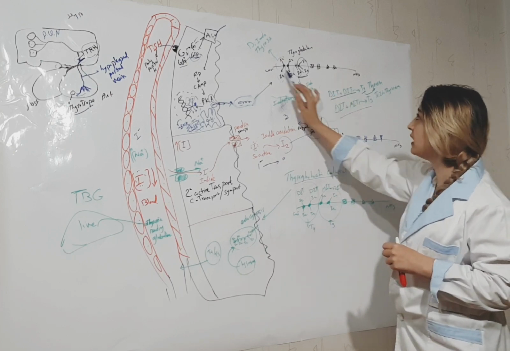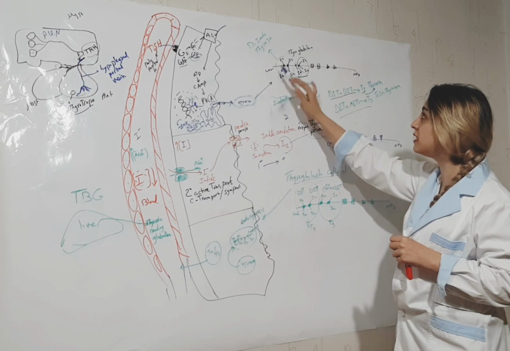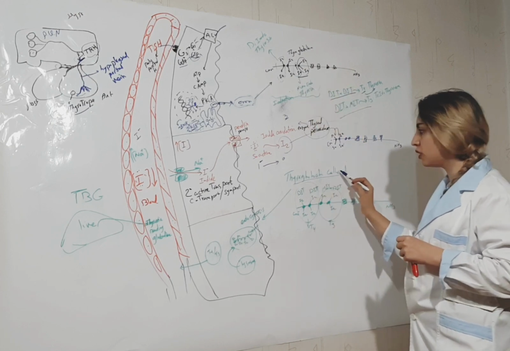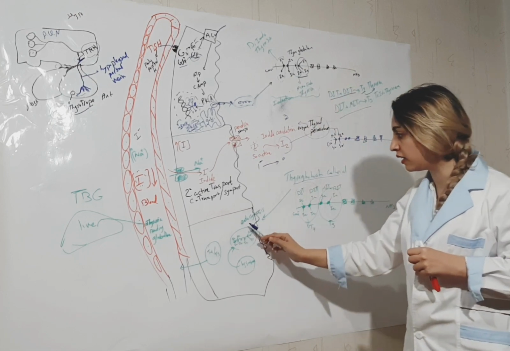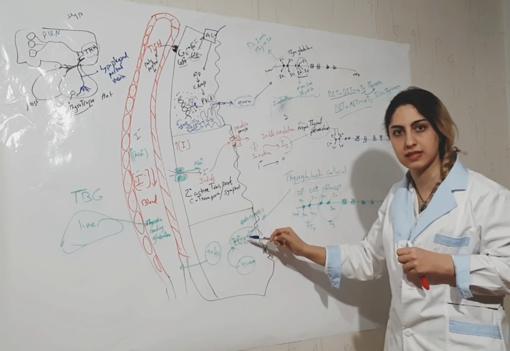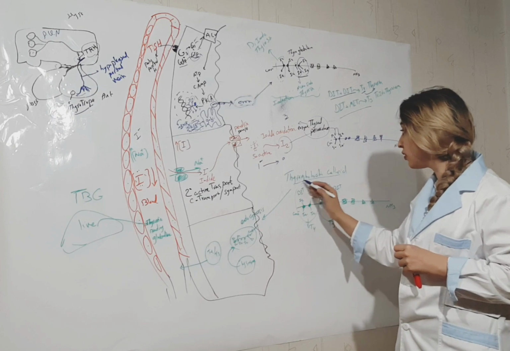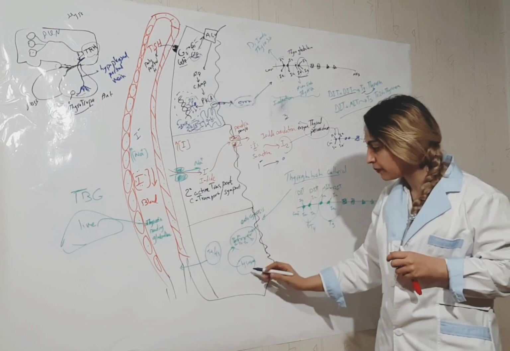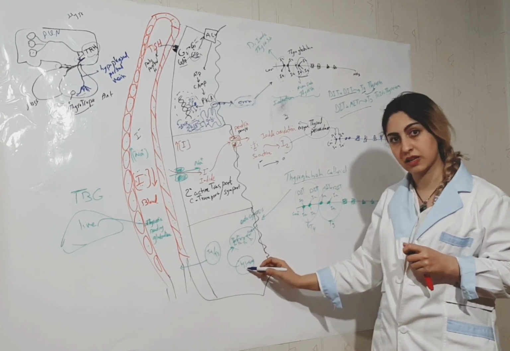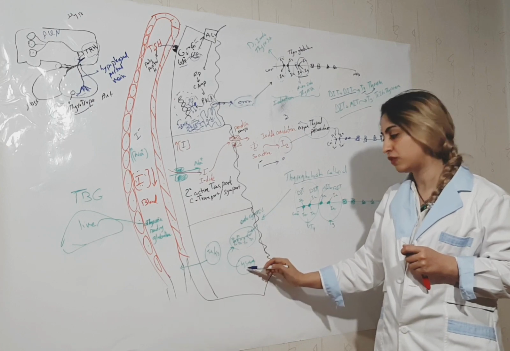Now I want to bring this molecule, which is the thyroglobulin colloid, inside the cell. By endocytosis, it will come inside the cell. Still, I don't have free T4 and T3 because they are connected to the thyroglobulin colloid. But there are lysosomes in here, which have some enzymes.